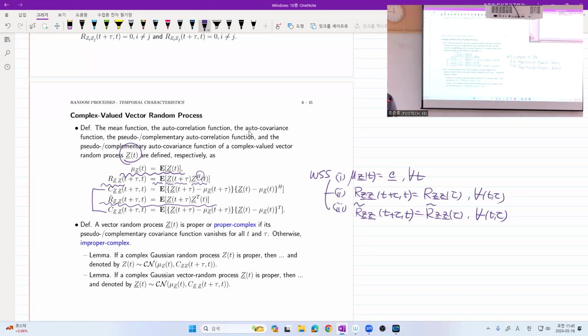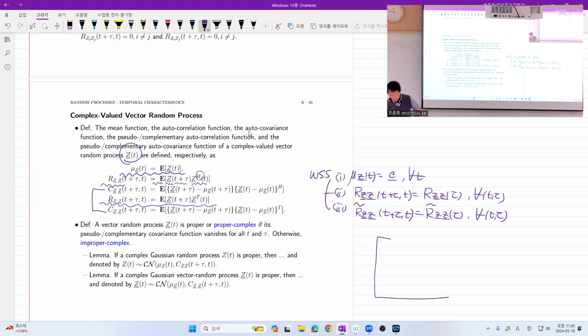Now, there is a special class of complex valued random processes. Again, as we've seen in complex valued random vectors, we have propriety and impropriety.